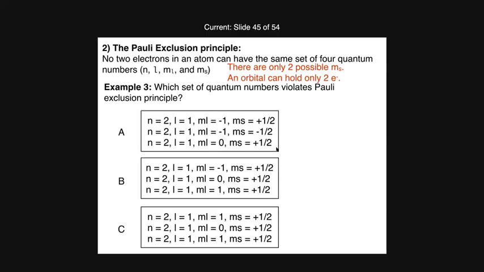Let's take a look at a set of quantum numbers. So for A, if you write this set of quantum numbers, n equal to 2, you can write this as 2. And when l equal to 1, this represents a p orbital. So in this case, it actually represents 2p.